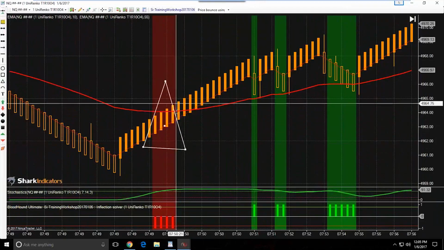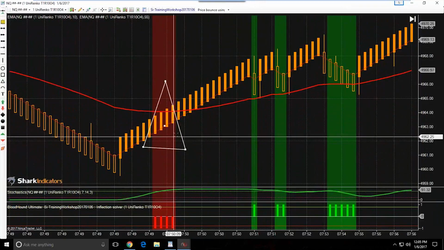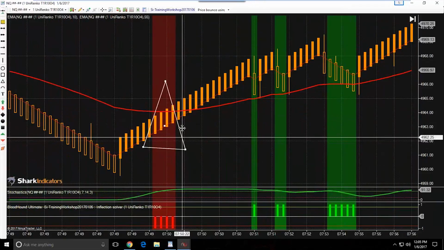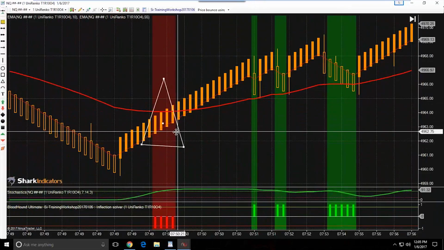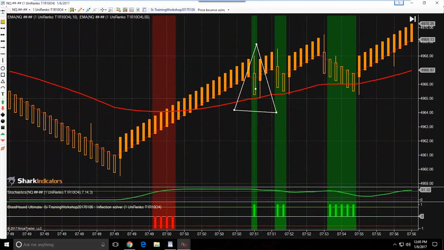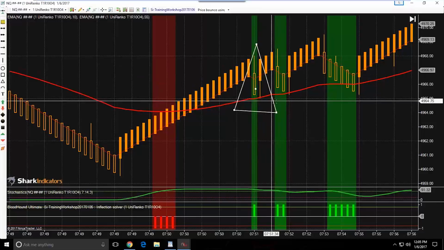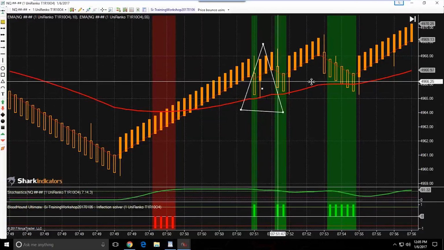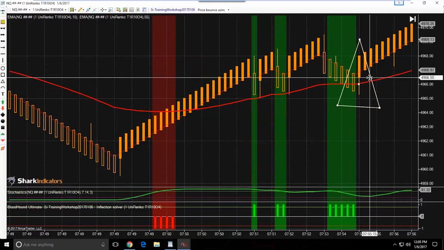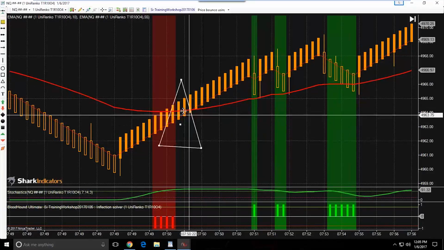And why did it fail? Well, because price never reversed. We never got a reversal bar. But if you look over here, we did get reversal bars. Like right here, we got a nice reversal bar.